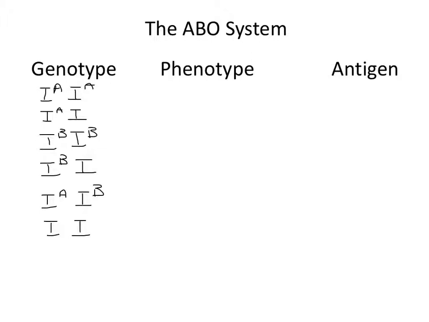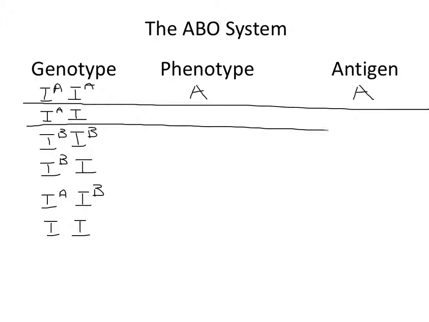If you are IA IA, then the antigen that you have present on the surface of your red blood cells is the A antigen. And the blood grouping or phenotype that you belong to is also A. You are type A. If you are IA i, you also are phenotype A, and you make antigen A. Your antigen determines your phenotype. It dictates.